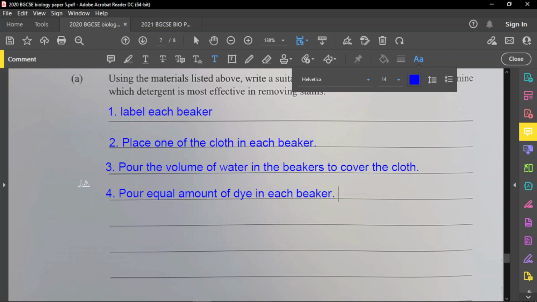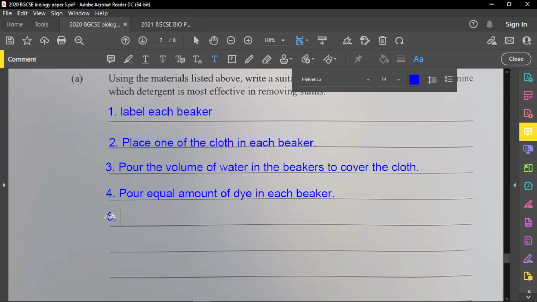Since the dye is going to spread a little bit, you can even draw a small circle onto the cloth and put the dye there alone. Or even better, you can use the same number of drops of dye in a specific area on the cloth, whether it be the center part of the cloth, which will be the best part. But I want my entire cloth to be covered with dye.